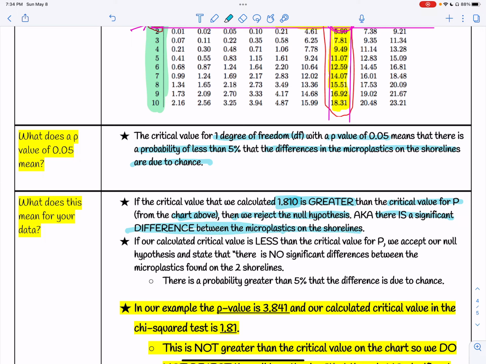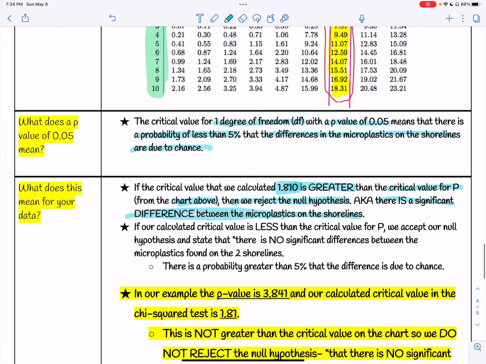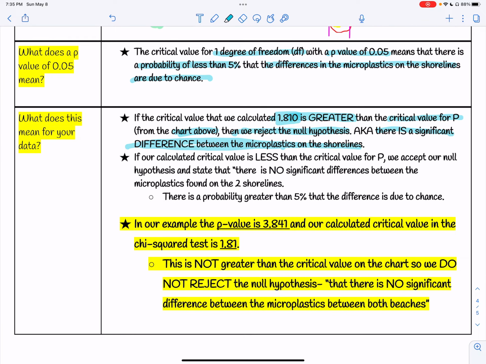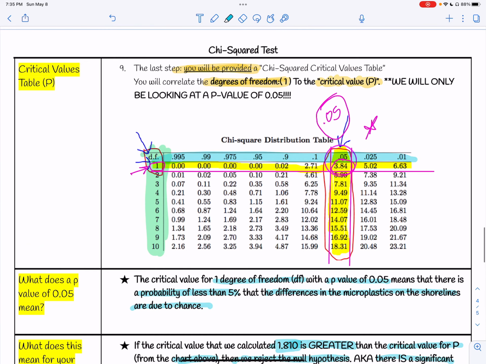If our calculated critical value is less than the critical value for P, we will accept the null hypothesis and say that there is no significant difference between the microplastics found on the shoreline. And I misspoke. There won't be a significant difference.